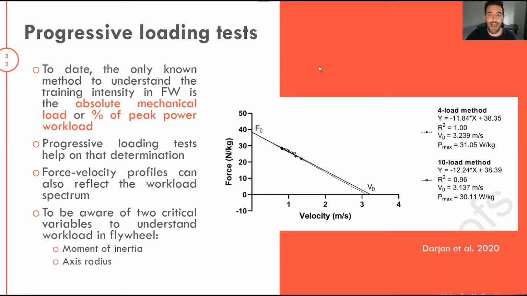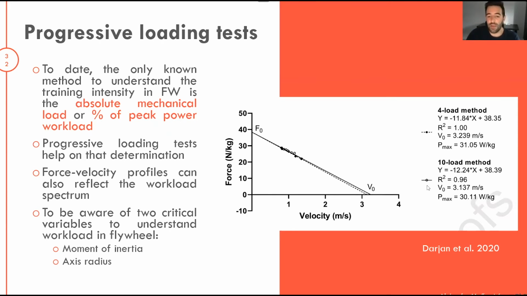So as you can do using isoinertial loads, you can do progressive loading tests to help in the determination of the external load. At the moment, the only options that we have, at least to my knowledge, are to use an absolute mechanical load or a relative mechanical load, depending on the peak power. Those are the two options that you have to program an exercise.